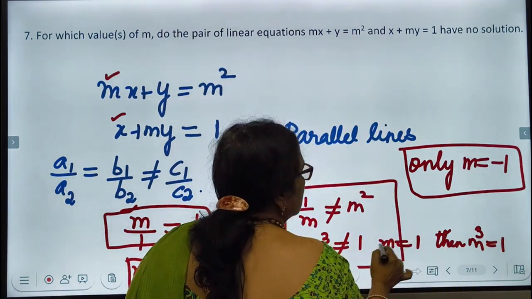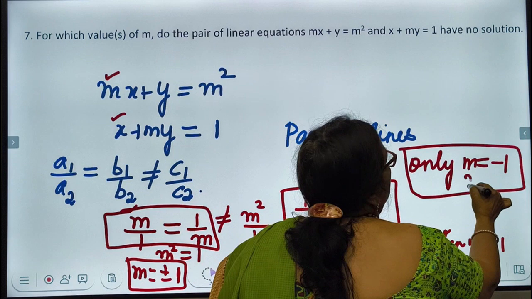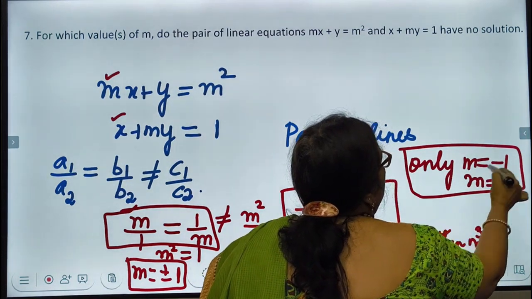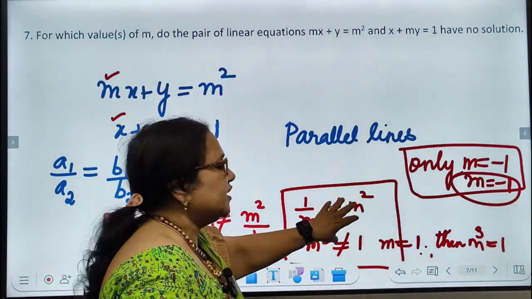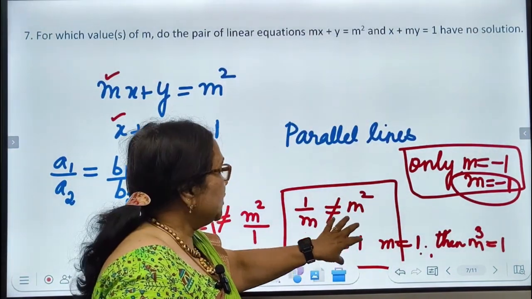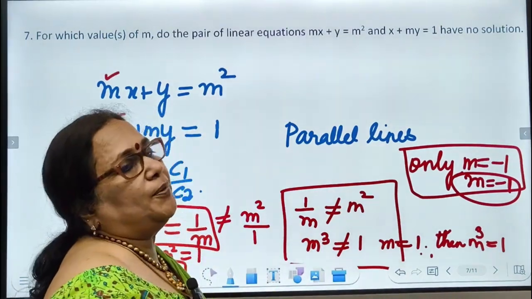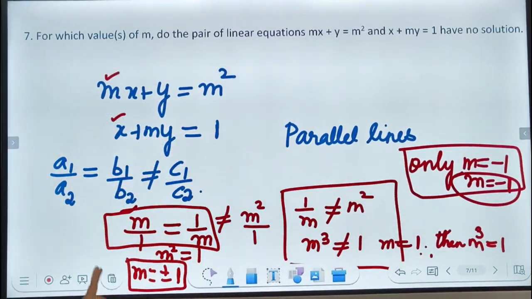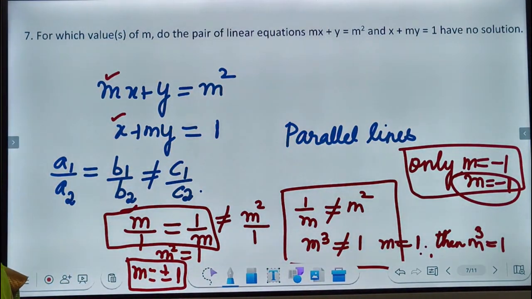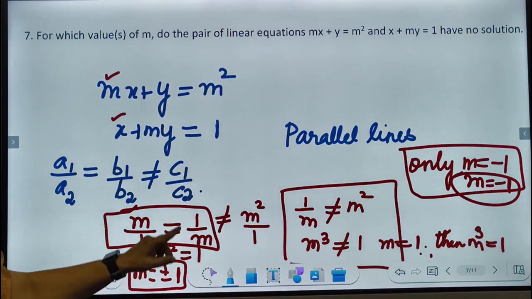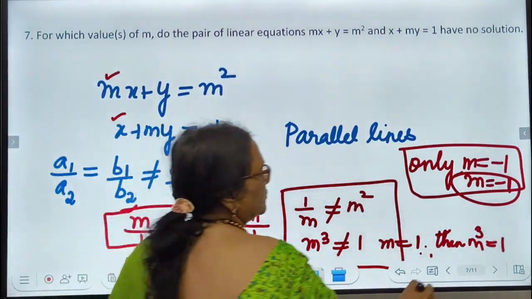It will fail here. So therefore, m can only be minus 1. Please understand, only minus 1, because if I put m equal to 1, this condition will not be satisfied. What is the condition? M cube should not be equal to 1. So both the conditions have to be simultaneously met. And for that, the value of m is only minus 1.